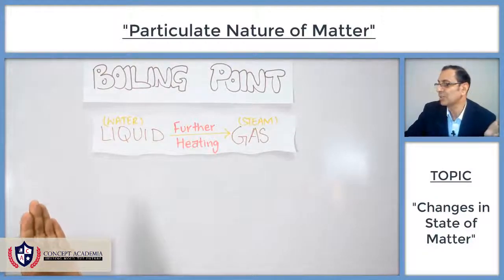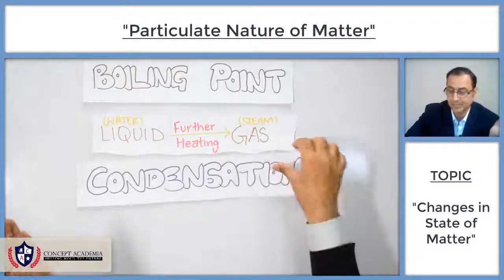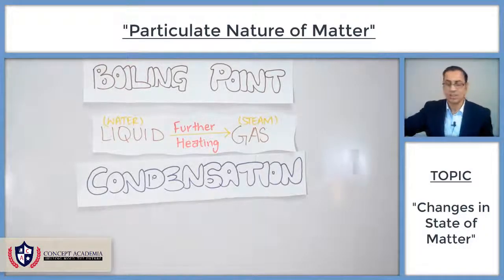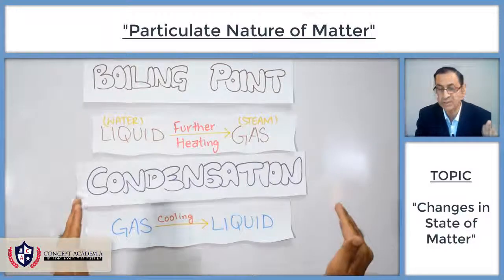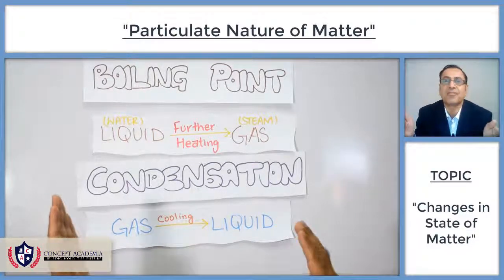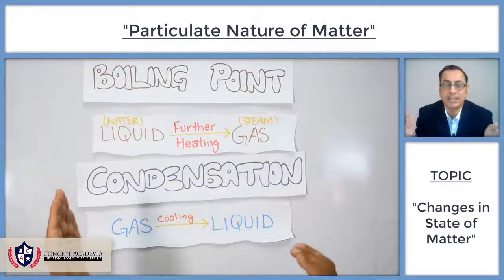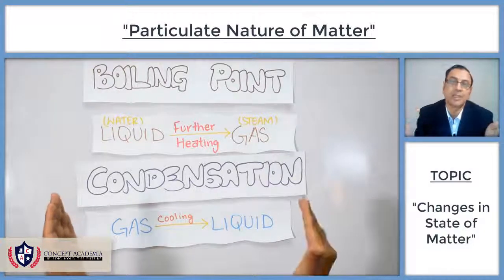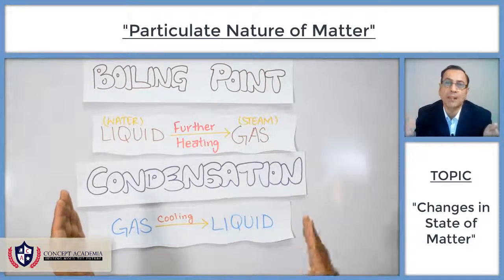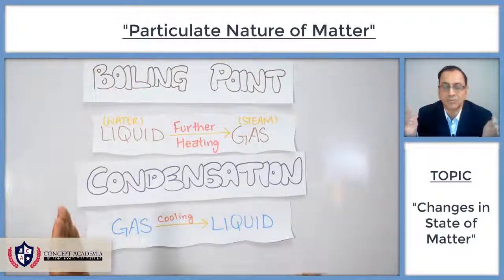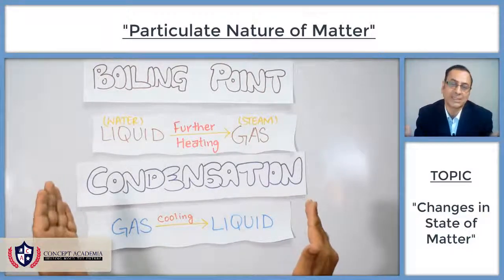Condensation is the reverse of it, in which we cool down a gas and the gas converts into liquid. Again, if this is pure, it has a fixed boiling point. So the purity of the matter can be confirmed by the boiling point.